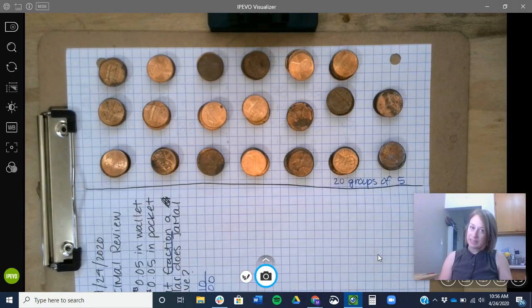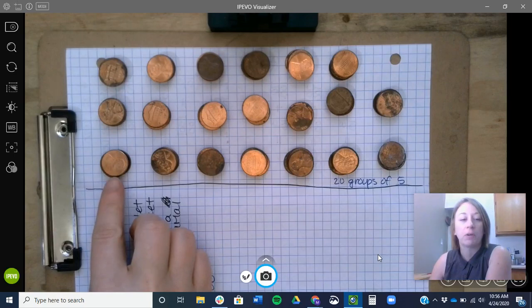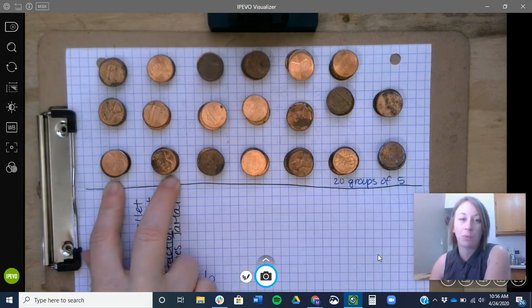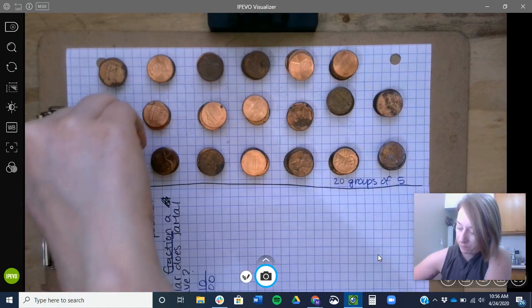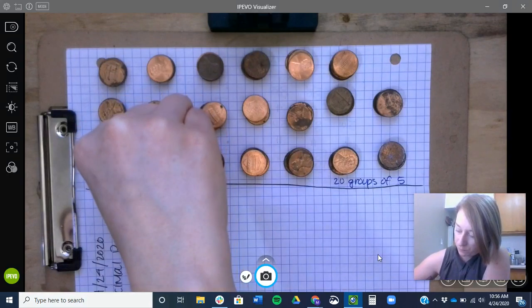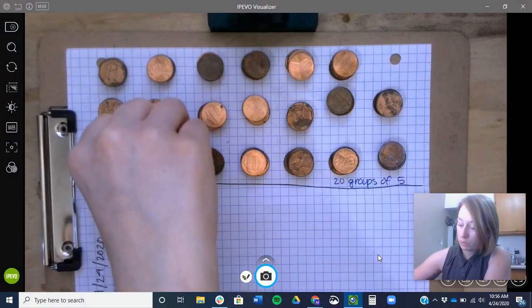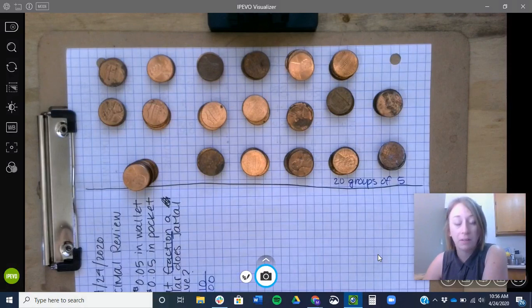But since the question is asking what fraction of a whole dollar does Jamal have altogether, we're making the consideration for what's in his pocket and for what's in his wallet. So that makes a group of 10.